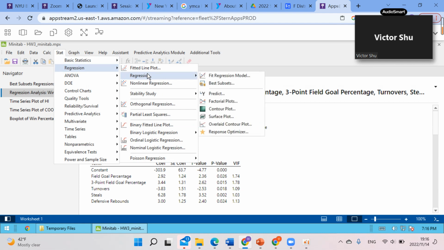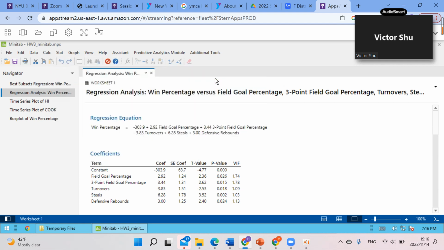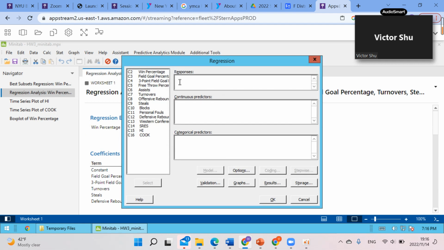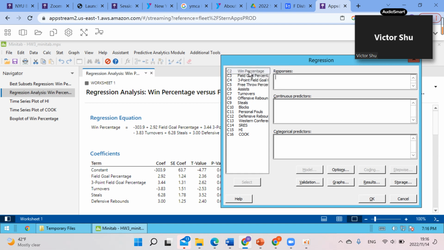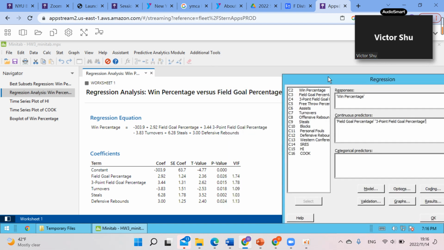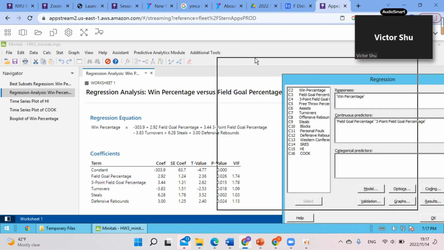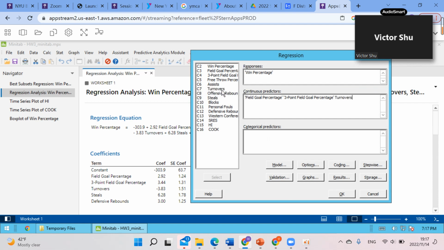Using the same steps, I go to stats, regression, fit regression model, and my response, which is the y, is the win percentage, and I have 5 predictors: the field goal percentage, 3-point field goal percentage, also using turnovers, steals, and defensive rebounds.